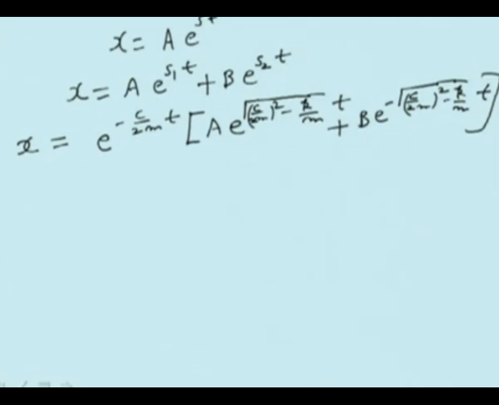Let us see what happens when the damping term (c by 2m) square is larger than k by m. Then the exponents in the above equation are real numbers, so this is e to the power some real number times t.